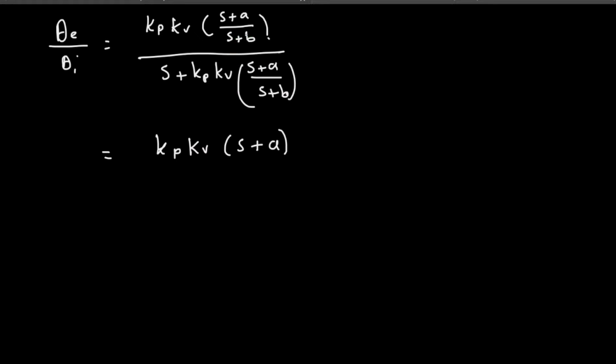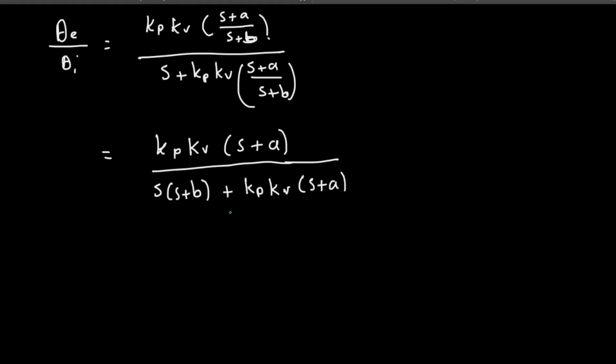If I bring the s plus b and multiply the denominator with that, then that will help us to cancel this s plus b. So that's going to be s times s plus b, and then this one times Kp Kv, and this s plus b will cancel because we are multiplying both of them by s plus b. So this is going to be Kp Kv, and then that's going to multiply by s plus a.